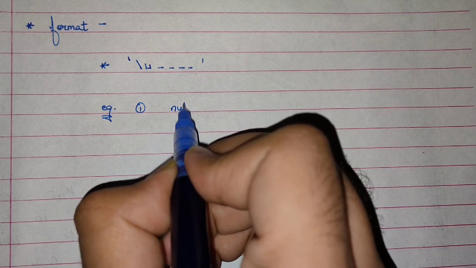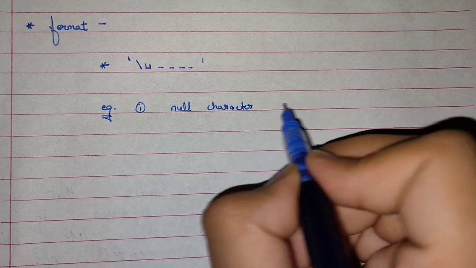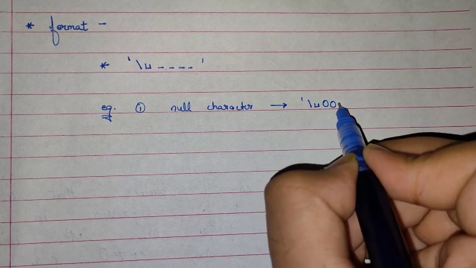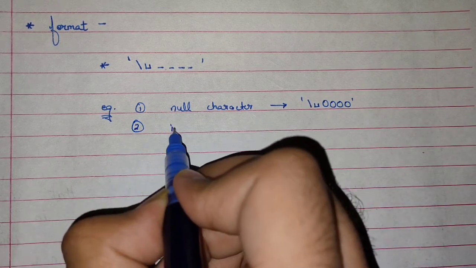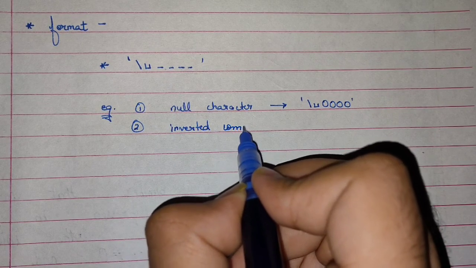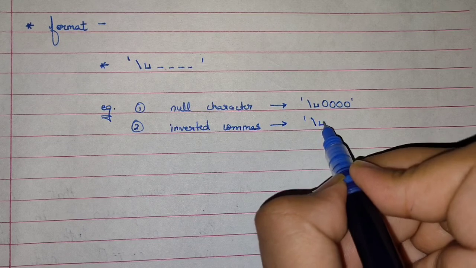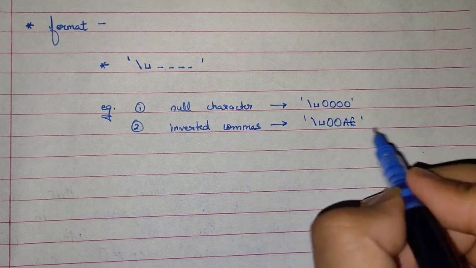For null character, the representation is given. For inverted commas, the representation is 00AE and many more.